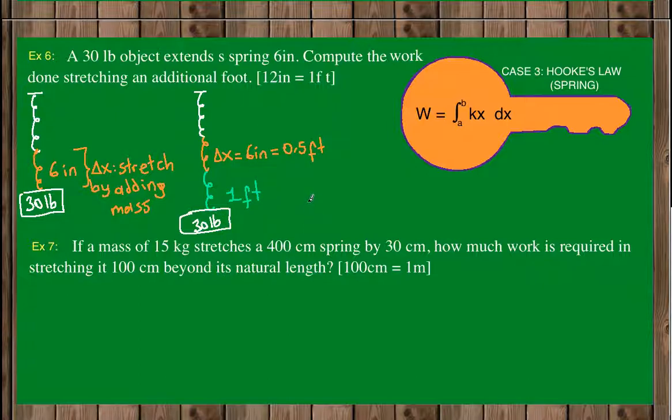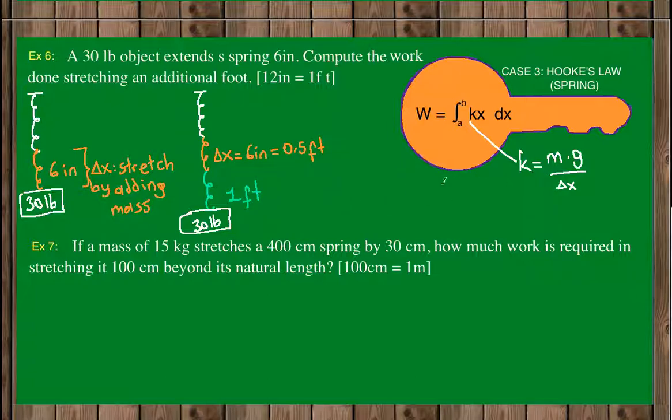So this is case 3, Hooke's law, or spring related questions. Here we need to find k. k is the spring constant, and k is found by m times g divided by delta x. m times g is the weight of the object, mass times gravity if it is in the metric system.